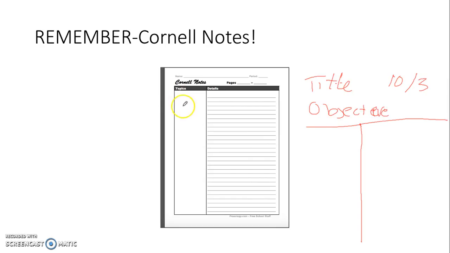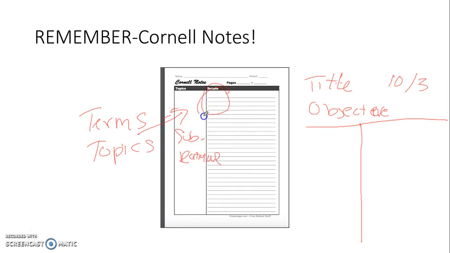And remember, on the vertical line, this part is all your terms or your vocab words and topics. Terms and topics. So if we're talking about adding or subtracting integers, maybe we can put subtracting on this side. Or if we're learning about rational numbers and I'm telling you that's a vocab word, that goes on this side, okay?